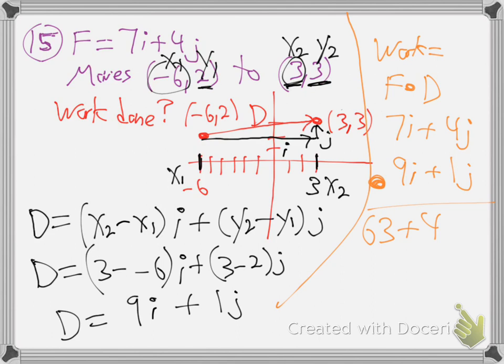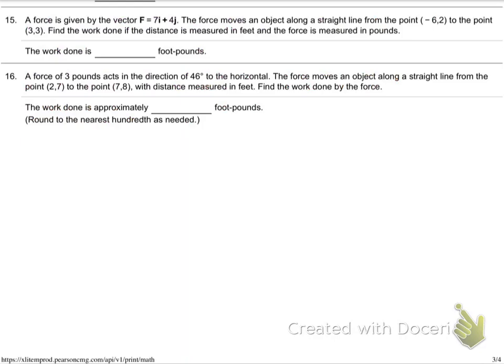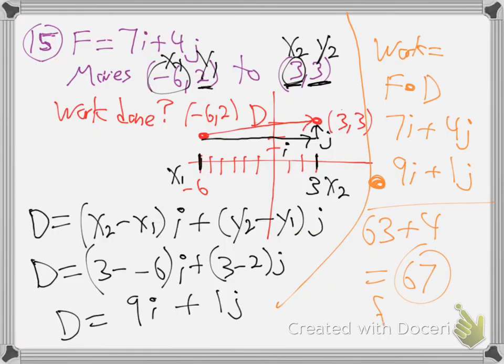Dot product means multiply i with i, j with j, drop the i's and the j's, 67. 67 what? Foot-pounds again. My old physics, they always want the units.